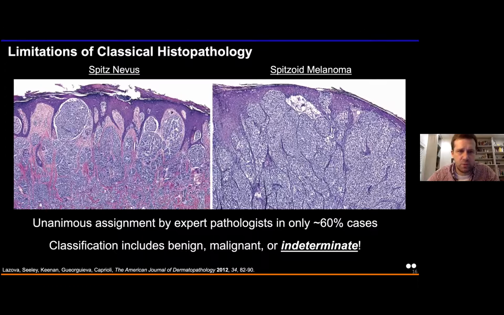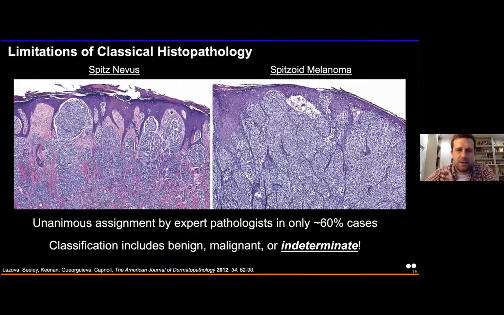Here's a case where these investigators were looking at spitzoid skin cancer lesions. These can be classified as benign Spitz nevi. Spitz nevi are just normal skin lesions. They aren't cancerous. They aren't going to spread or cause metastasis.